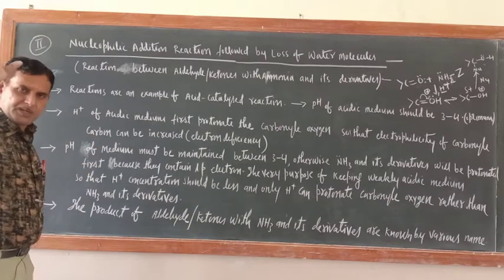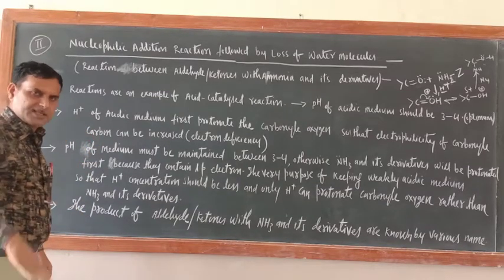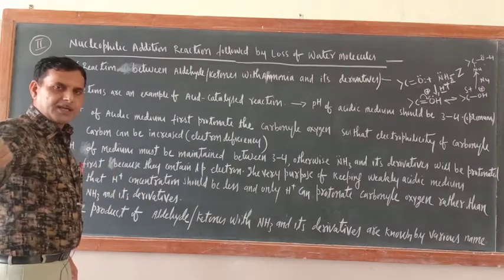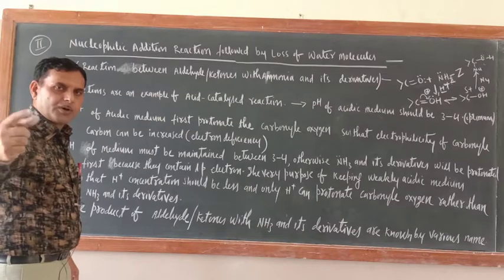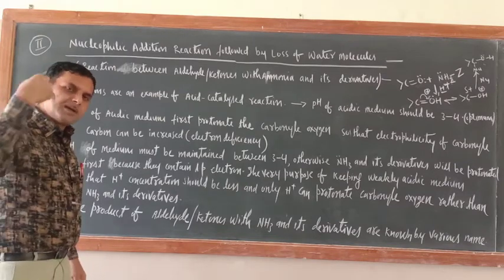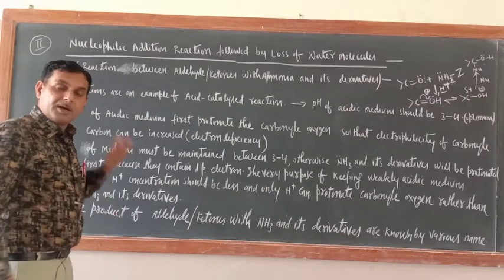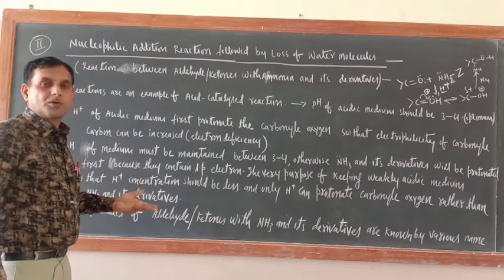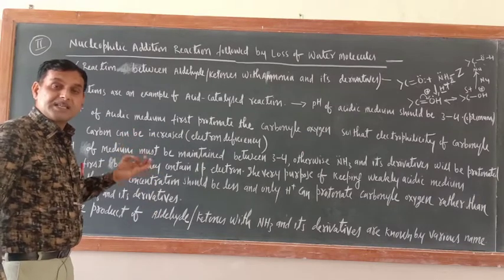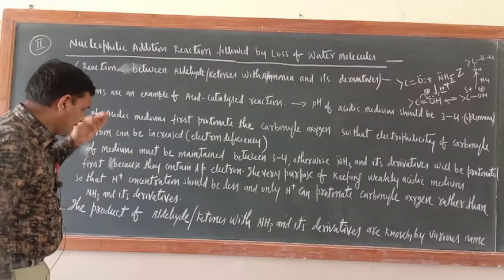If pH is less than 3, then not only carbonyl oxygen, ammonia and its derivatives will also be protonated because they contain lone pair of electron. If pH is beyond 4, then even carbonyl oxygen will not be protonated, and we want that protonation so that the electrophilicity of carbonyl carbon can be increased.